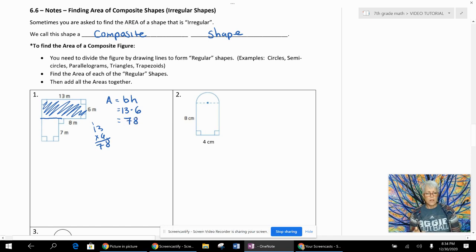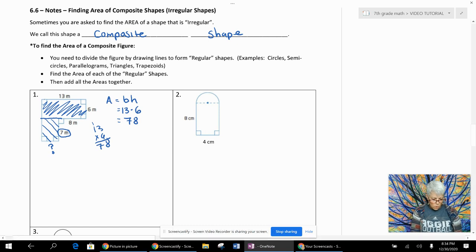Now, the other shape is a little bit more challenging, okay? I know that on this shape, and I'll make my lines go the opposite direction, one side is 7. But what is this down here? Okay, now pay close attention to this.